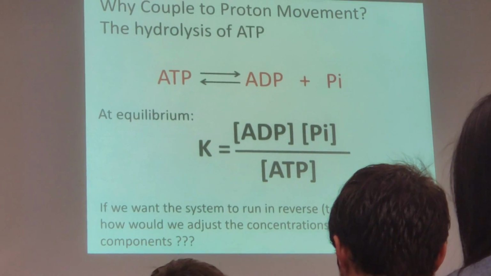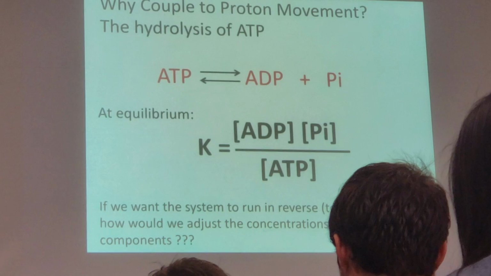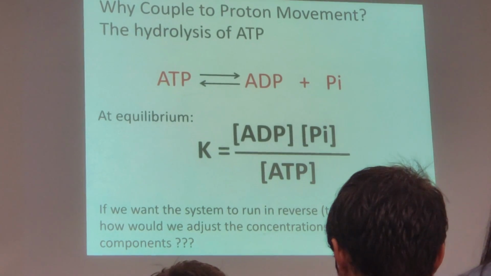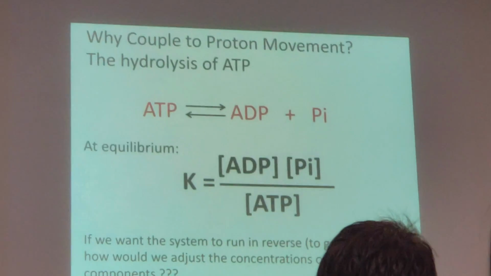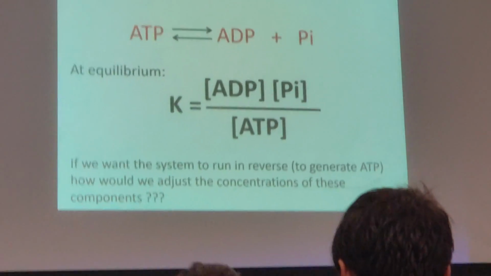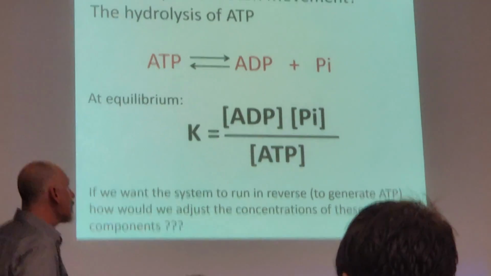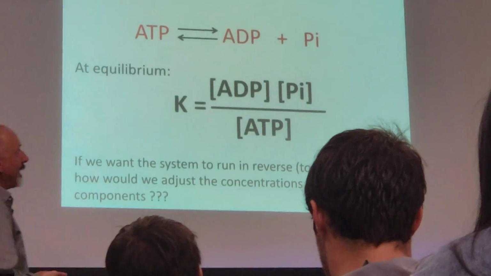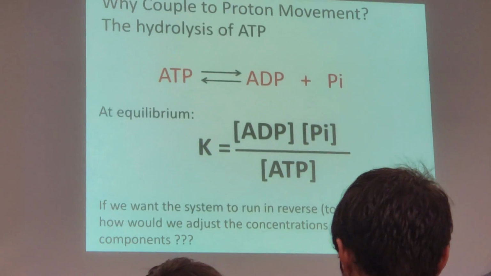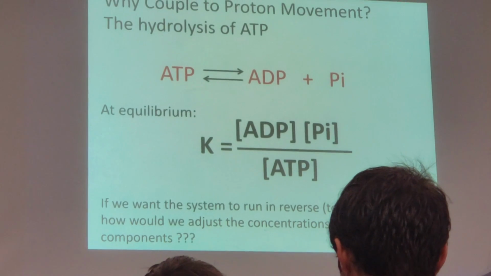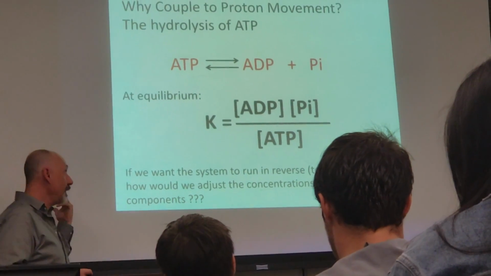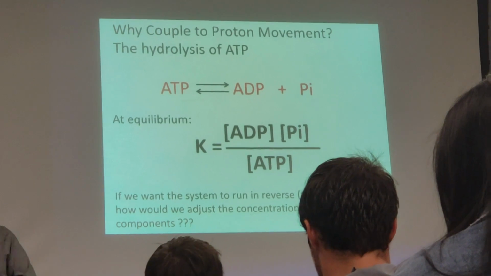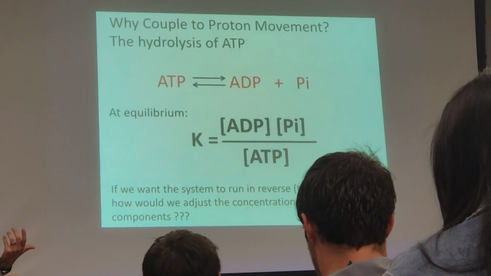So here's the general issue with equilibria. If I'm dealing with the hydrolysis of ATP to ADP and inorganic phosphate, and I want to set up an equilibrium constant for that, that's ADP times inorganic phosphate concentration over ATP concentration. If I want to run this in reverse, I have to think about how I would do that.